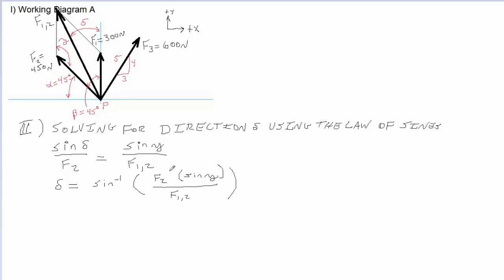Now we've got our equations fully developed with our unknown on the left. We can plug our numbers in. So delta equals the inverse sine of F2, which was 450 newtons, times the sine of 135 degrees, divided by F1,2, which was 695.283.